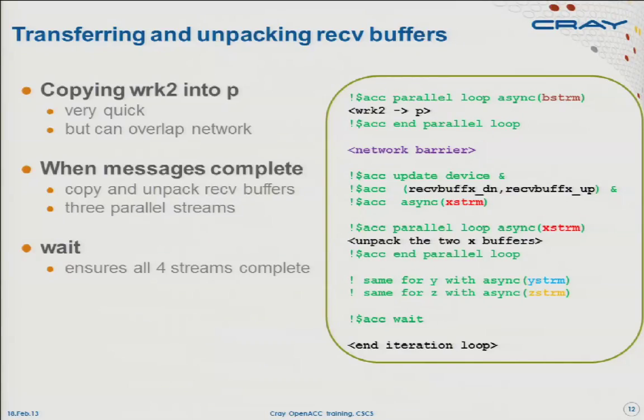I launch one stream for X, one stream for Y, one stream for Z. I have an ACC wait here, so at this point I'm assured that the bulk copy is finished and each of the X, Y, and Z buffer unpacks are finished. And at that point, I can end my iteration loop or go back to do the next iteration.